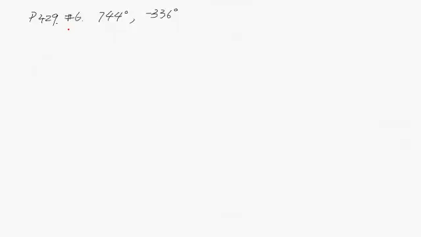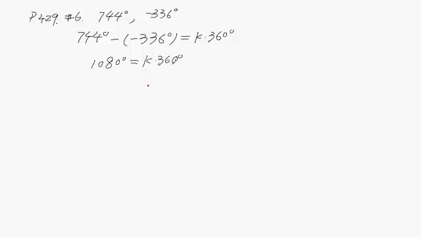So now we try to set up such equation in the unknown k: 744 minus negative 336 is equal to k times 360 degrees. And we know this difference is equal to 1080 degrees. So 1080 degrees equal to k times 360 degrees.